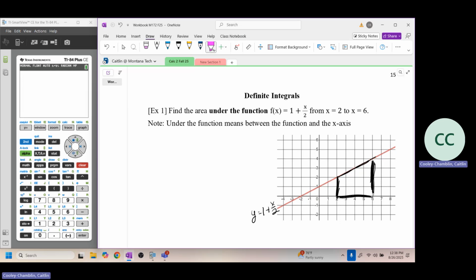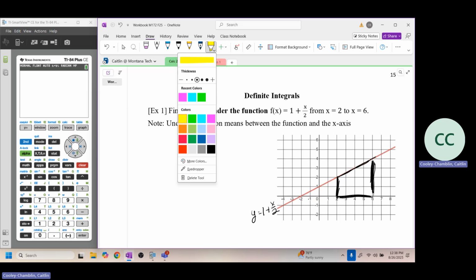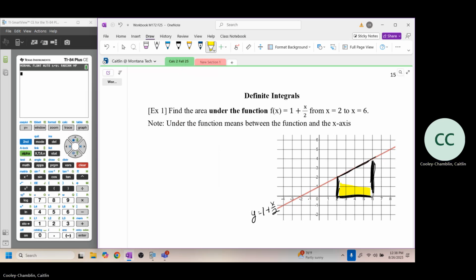So I'm going to shade in the whole thing. Use yellow first. We want to find this area. Well, let's use shapes that we've used in the past. Maybe a triangle and a rectangle.